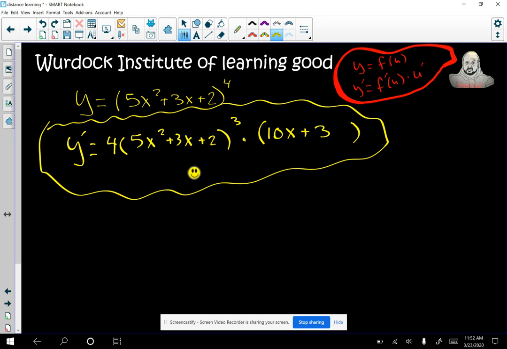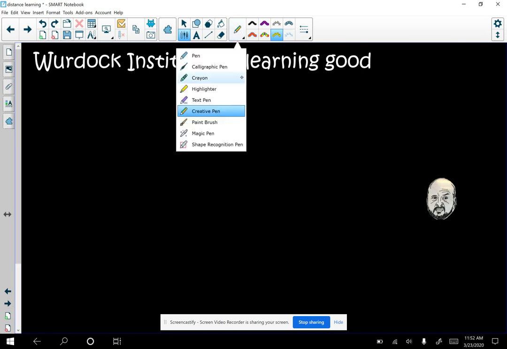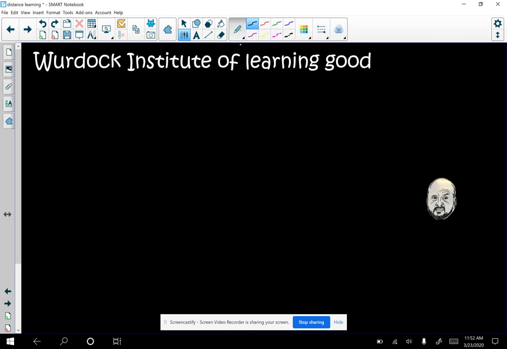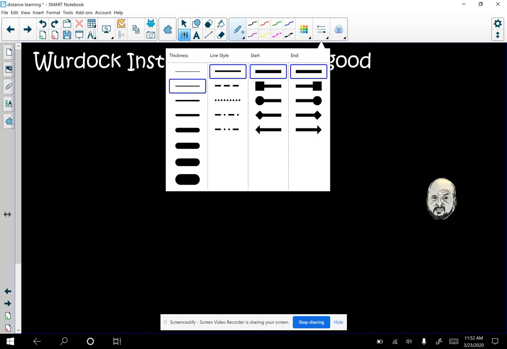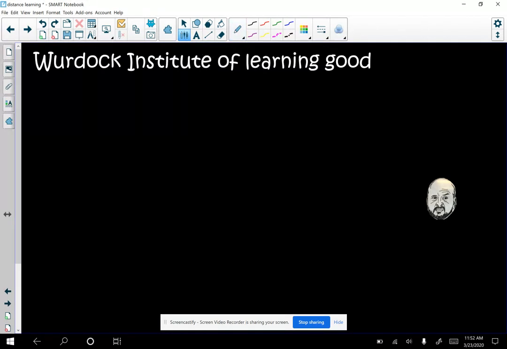Now let's try another one, because these just get easier and easier. Alright, this time you've got to be careful on what's the inside and what's the outside. I'm going to give you a function that is y equals 3 times the quantity x cubed plus 4x squared to the power of 7.